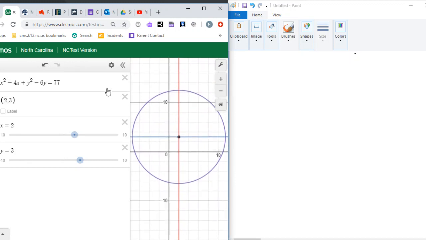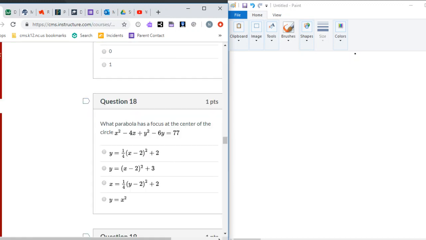Now, how do we actually do this on our test? We can plug in the parabolas and see, either evaluate their circles, evaluate the focus, or just see if the focus makes sense.